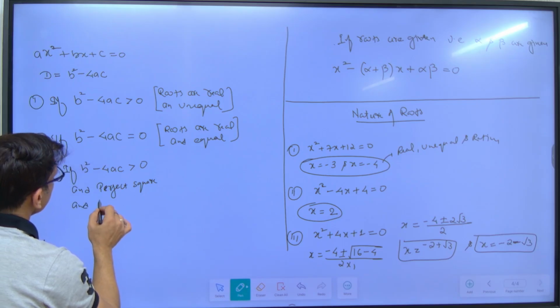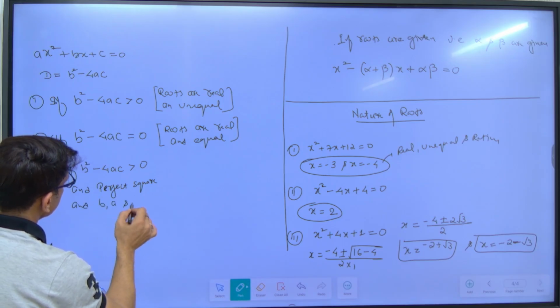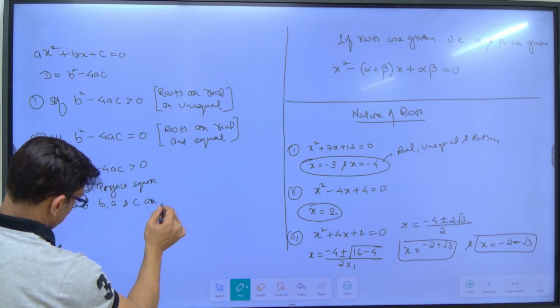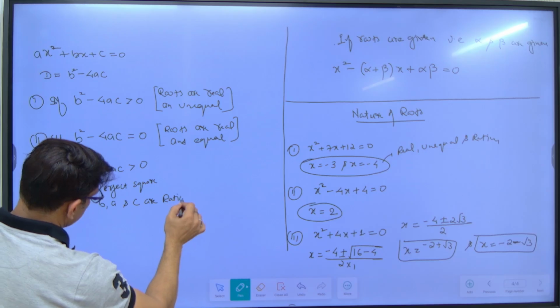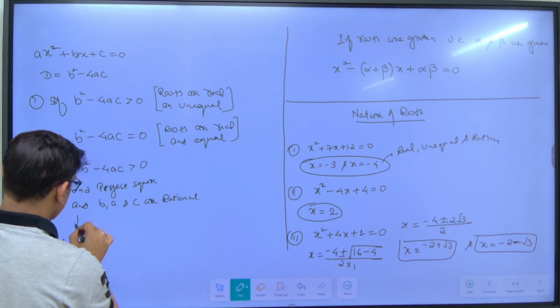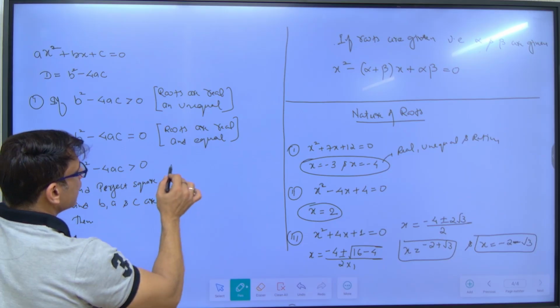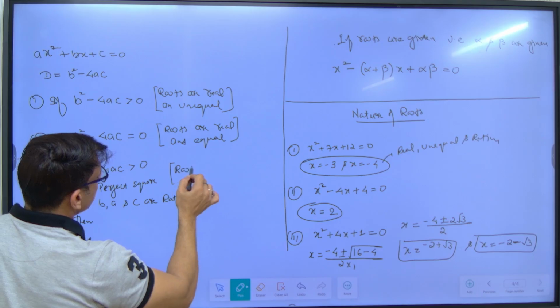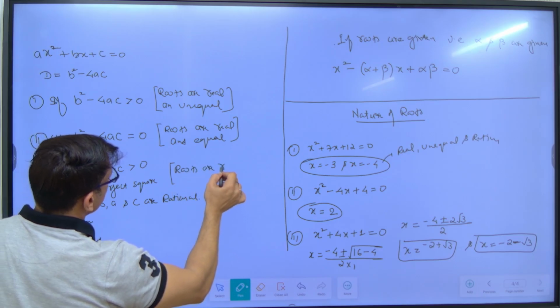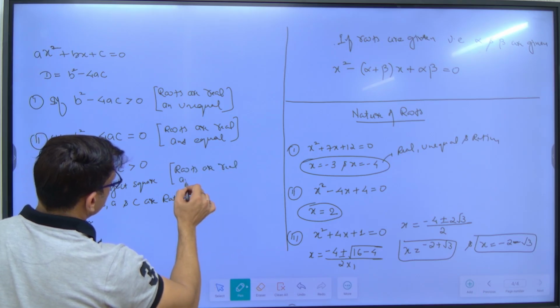and b, a and c are rational, then roots are real and rational.